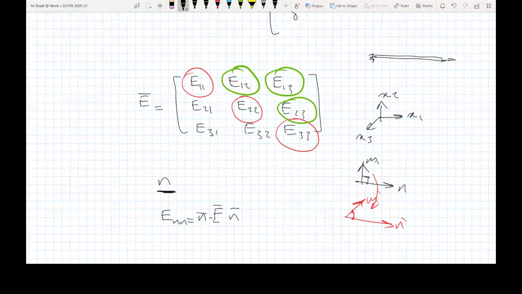If you have two vectors, n and m, and you want to find the change in the angle, you can find it by multiplying by n and m. Now, the change in the angle is twice this number. The shear strain is this number, but the change in the angle is twice this number.